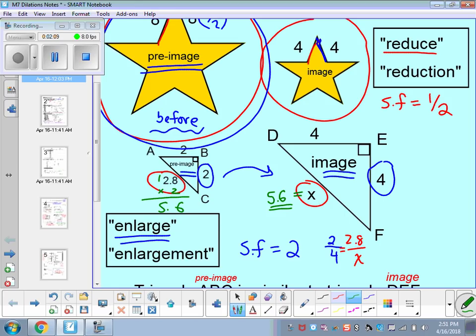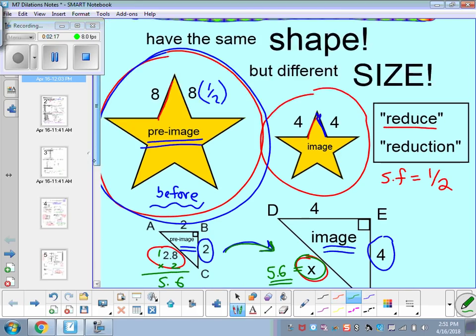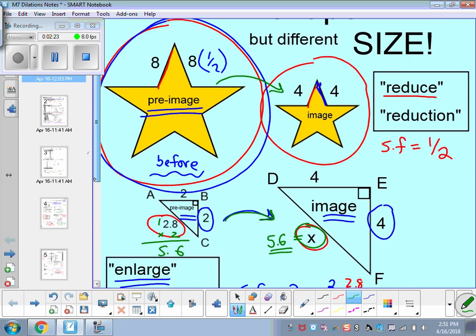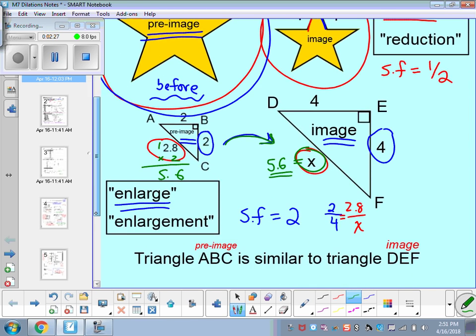So we've done a lot with similar figures. We've been able to find missing sides. We can see if it starts small and gets larger, it's called an enlargement. We also know that if it starts a little bit bigger and then gets smaller, it has been reduced. Okay? So we have reductions and enlargements.